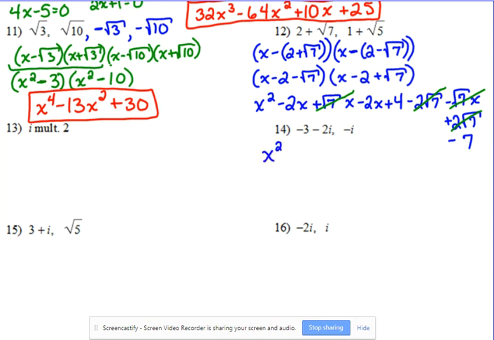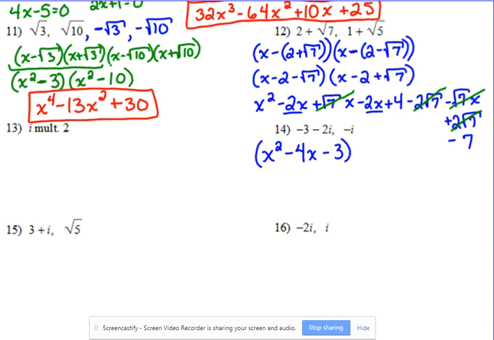X squared minus 4x, okay, and 4 minus 7 is negative 3. So we went from something super complicated with the square root and all that stuff, and it boils down to x squared minus 4x minus 3. Okay?